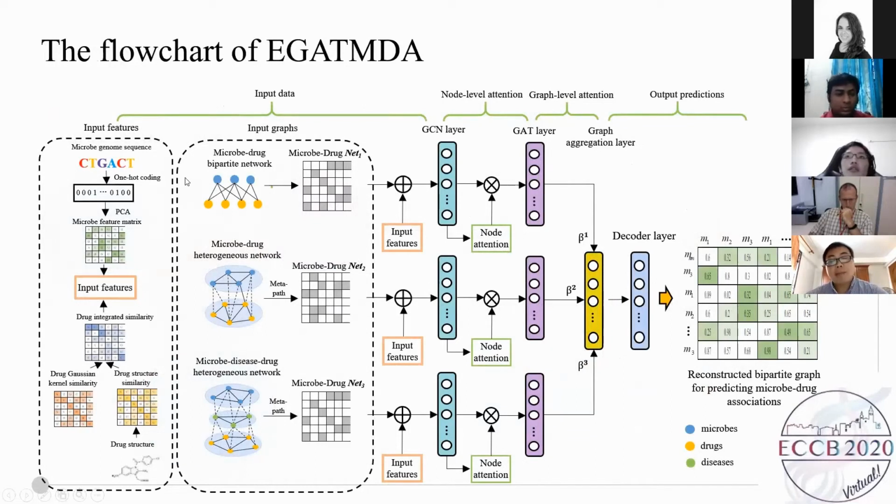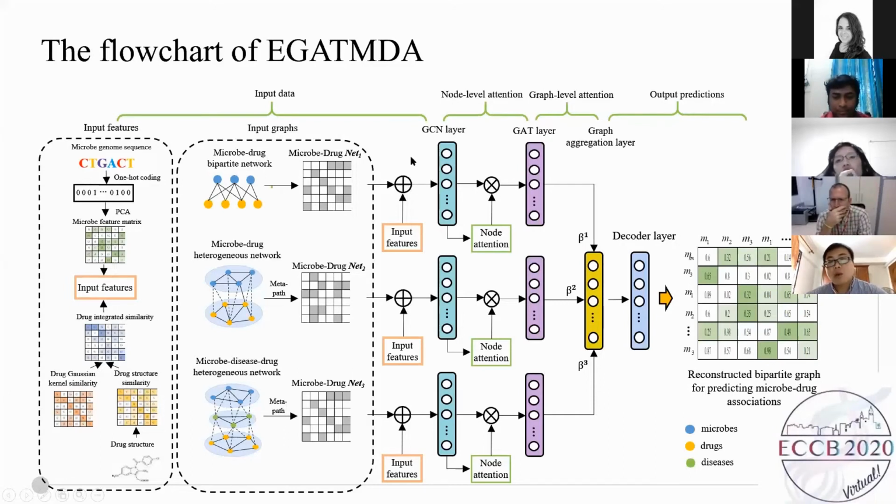In this work, we propose a novel computational framework to predict the micro-drug association named ECCB. In particular, we use graph attention network to deal with this important problem. Here is the flowchart of ECCB. First, we construct features and graphs from different databases.